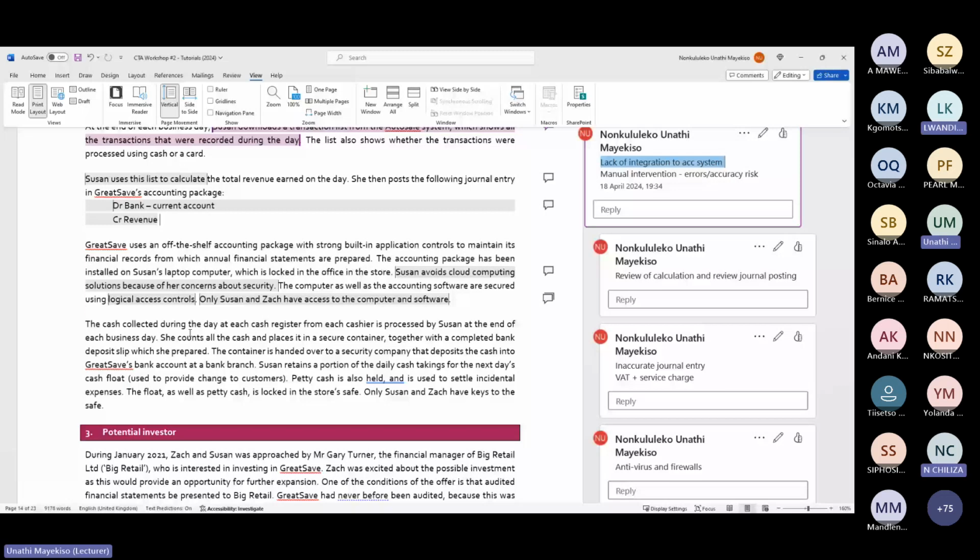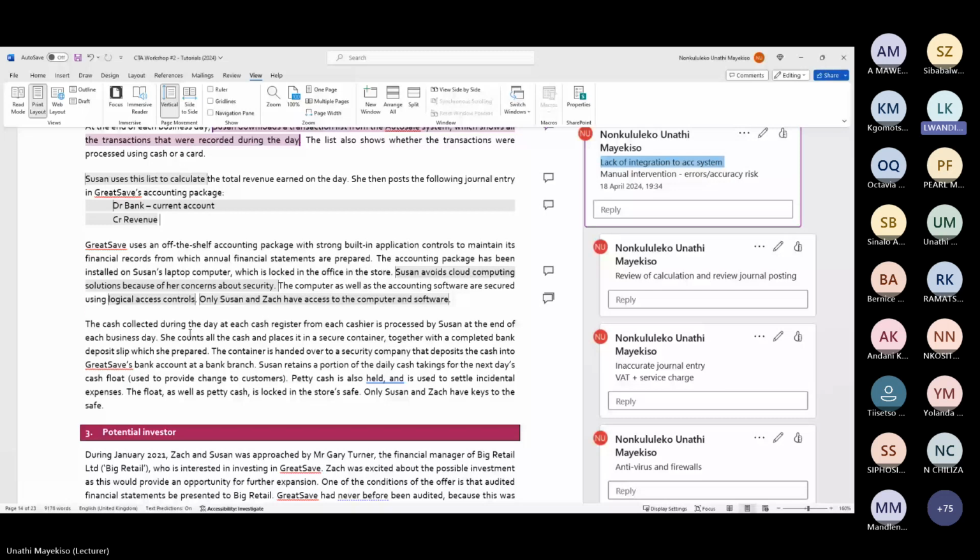The counting of the cash, I think there is a risk there of misappropriation that may happen, because Susan is the one that is counting the cash and then placing it in a secure space.